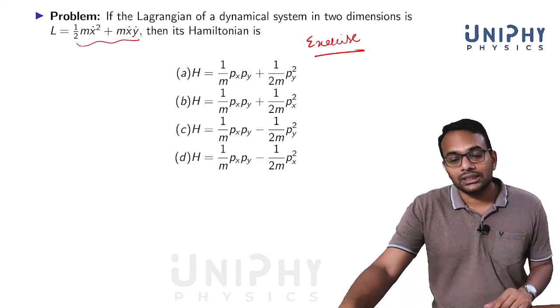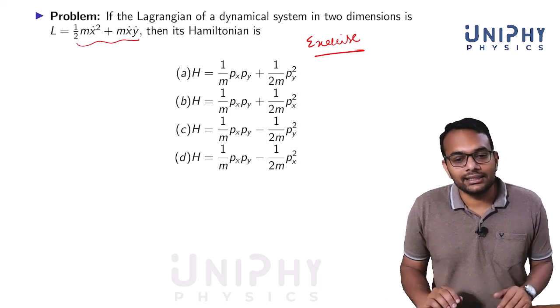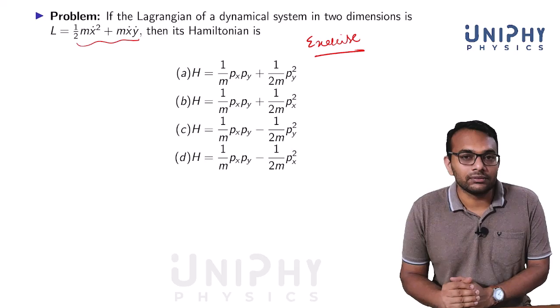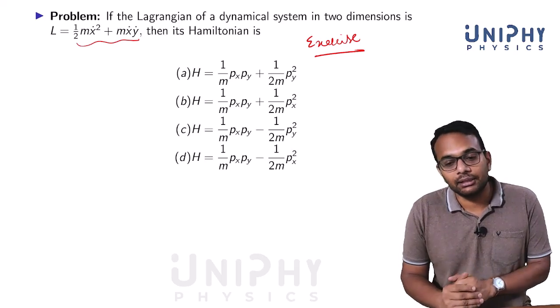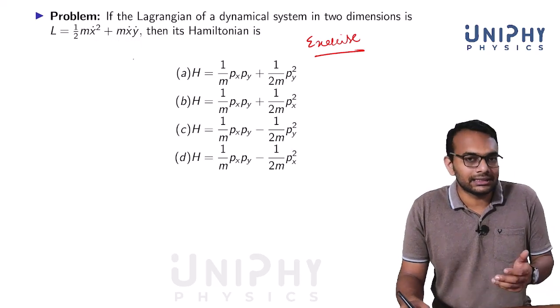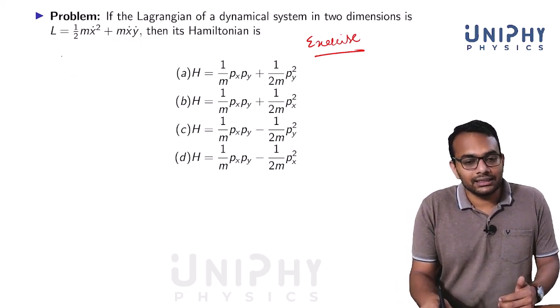So the trick in a competitive examination is to identify that this indeed can be written in the form T plus V, because if you do that, you can skip a lot of steps. From here it will get a bit tricky when you find the momentum. But here this answer is simple.